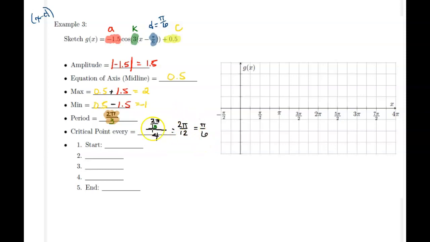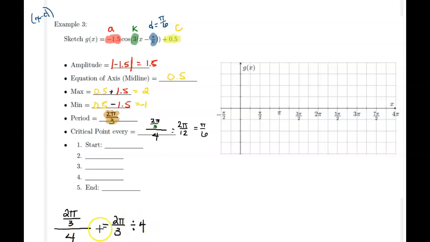So let's take a look at how I got that. I'll do that down here. 2 pi divided by 3, all divided by 4. We're deciding how this turns into 2 pi over 12. I can rewrite this division statement, 2 pi over 3 divided by 4.